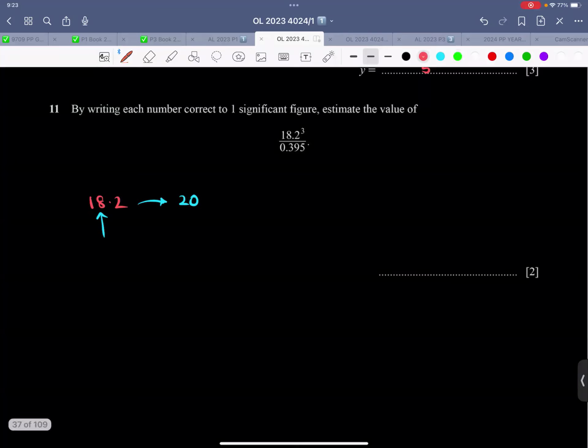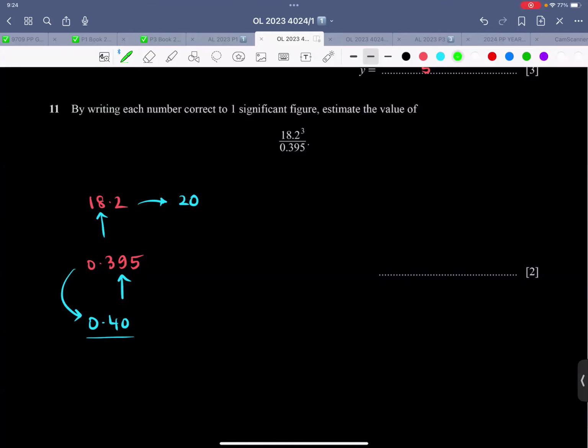Similarly, if we have 0.395, the second significant figure gives 0.39. So does it lie between 0.30 or 0.40? It lies between the two, but it's closer to 0.40.